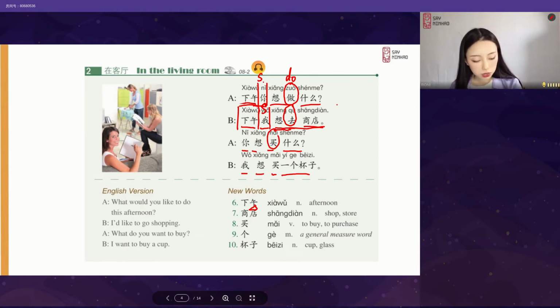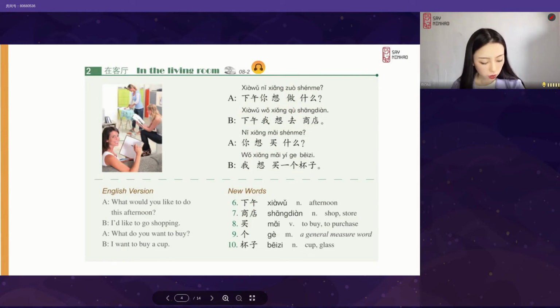Okay, I want to buy a cup. Now let's try to read it from the start. 3, 2, 1. 下午你想做什么？下午我想去商店。你想买什么？我想买一个杯子。Okay, let's read it in a row.